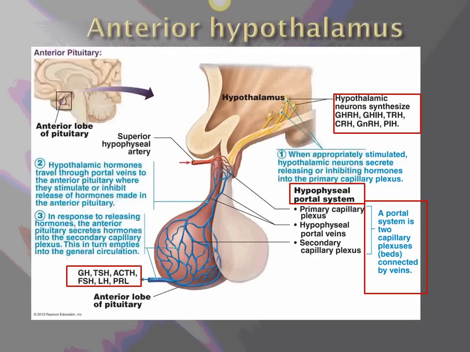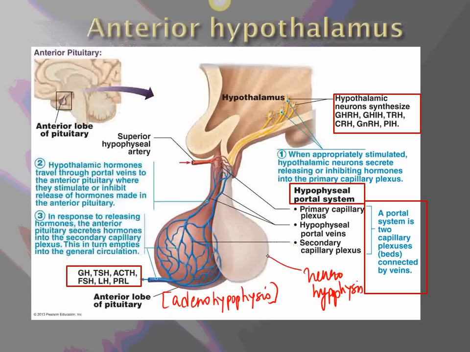The anterior lobe of the pituitary is also known as adenohypophysis, and the posterior lobe is also called neurohypophysis. So let's see what the anterior hypothalamus produces and how it connects to the anterior pituitary.